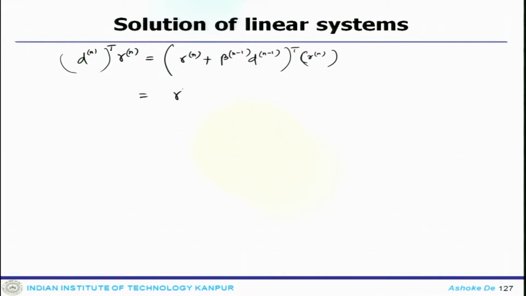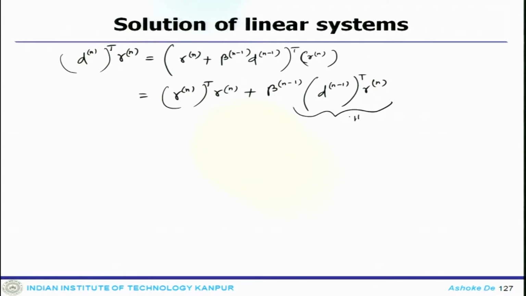So, that is R n transpose R n plus beta n minus 1 d n minus 1 transpose R n. This component equals 0. So, this becomes R n transpose R n.